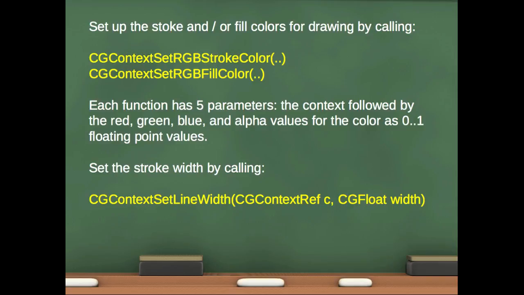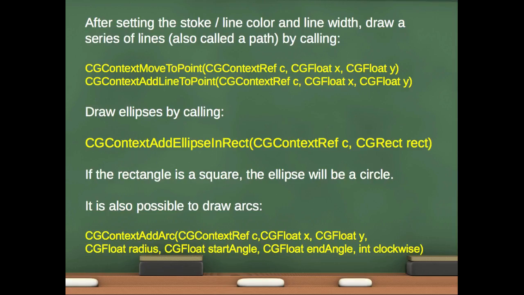We might also set the stroke width by calling CGContextSetLineWidth, and again we pass it the context and then a floating point value for the width. So after doing that, we can draw anything we want. One common pattern is to draw a series of lines, which we also call a path, by calling CGContextMoveToPoint and then CGContextAddLineToPoint.